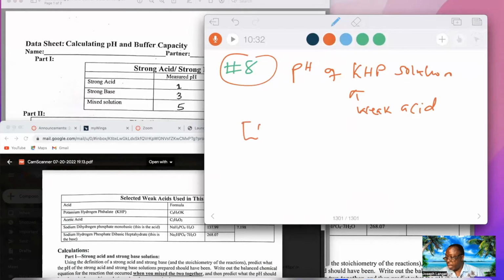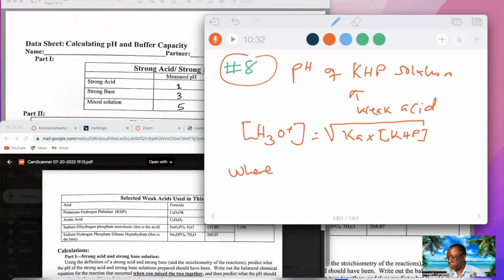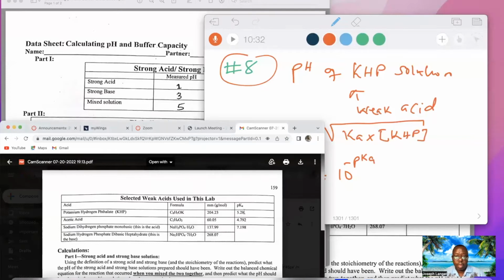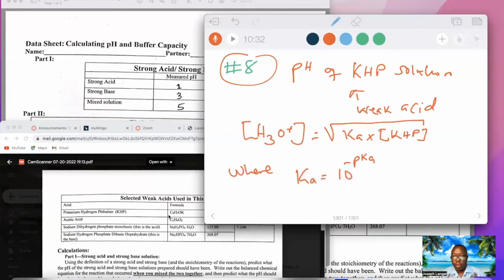Therefore, we need to find the hydronium concentration first, which is Ka times the concentration of KHP, that is the molarity of KHP, where Ka equals 10 raised to negative pKa value. You are given the pKa value here. This will give you Ka.